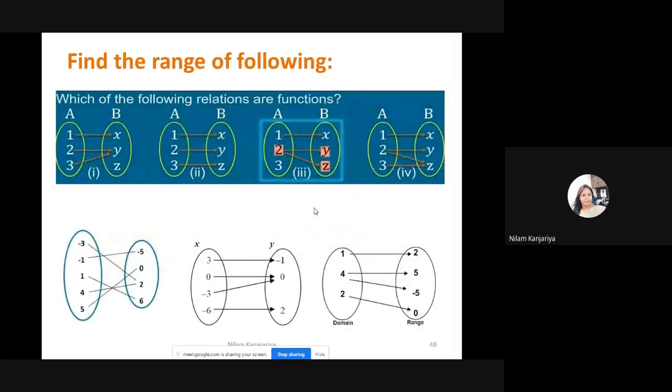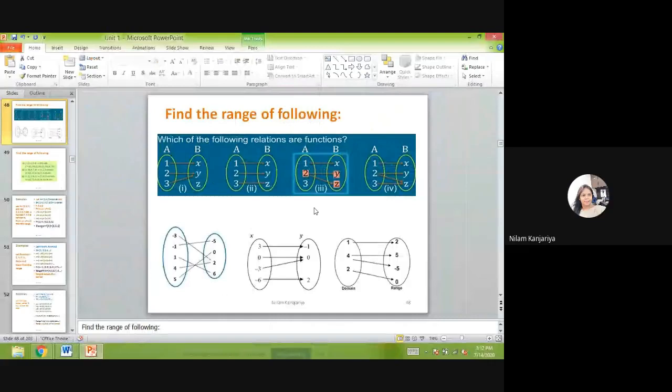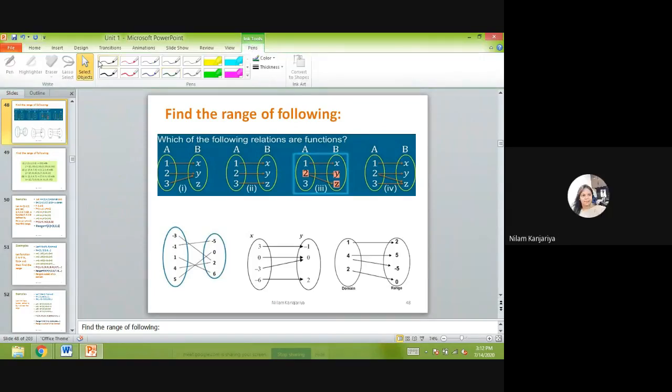Look at here. First of all, you check whether it is a function or not, and then what is the range of the given function. The first one is a function, right?